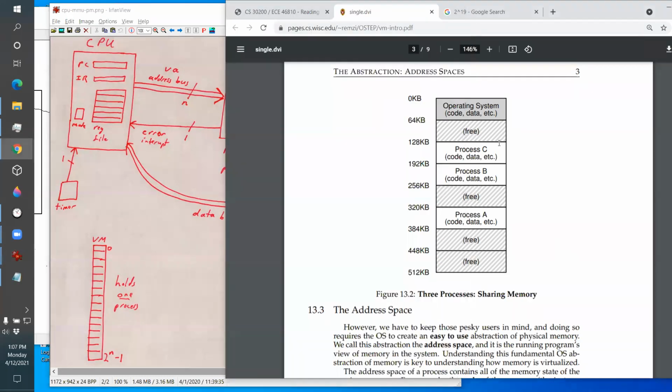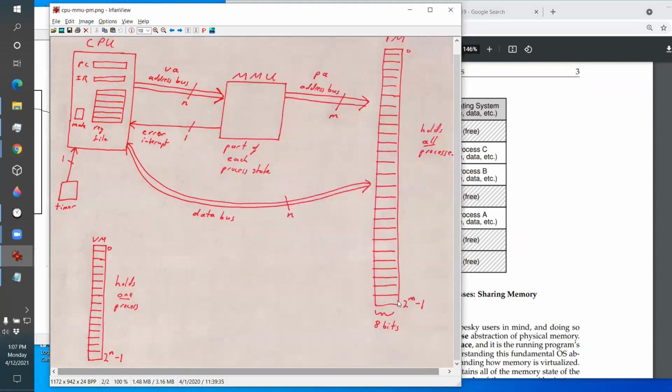In this case here, the limit would be 2 to the 19, we said. In the case of a modern computer, this limit is going to be 2 to the 36 or 2 to the 38, depending on how many gigabytes of memory you have.